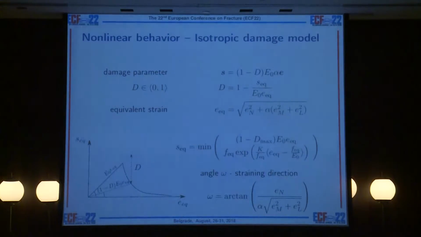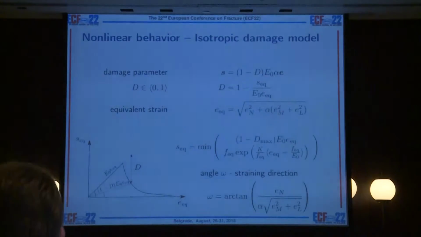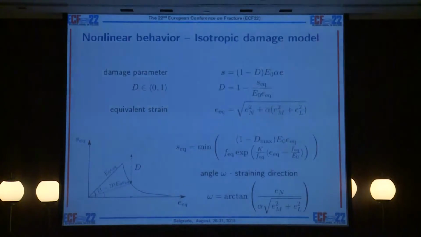The damage is irreversible, which is stated here as Dmax meaning maximum previously reached damage. And maybe even more important, it is dependent on the straining direction, which is described by angle omega, which gives us more information about the combination of normal and shear loading. And of course, it is also important if it's positive or negative.